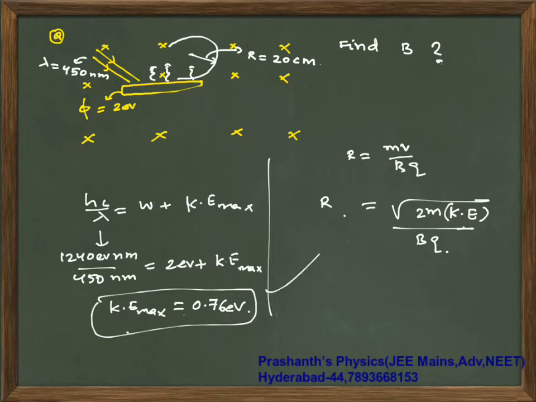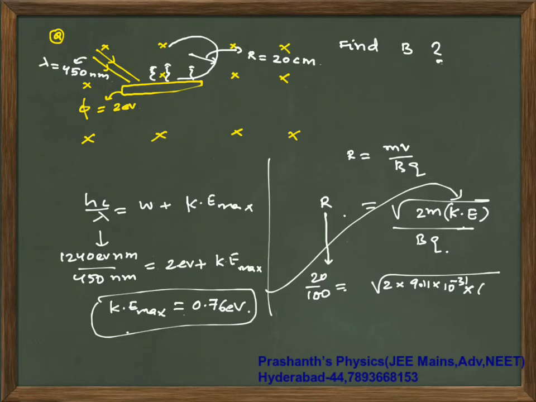Now substitute this into this equation. r value you can substitute as 20 by 100, mass of electron is 9.11 into 10 power minus 31 kg, under root 2 times mass of electron into 0.76 electron volt, which means 0.76 into 1.6 into 10 power minus 19, and q value is equal to e.